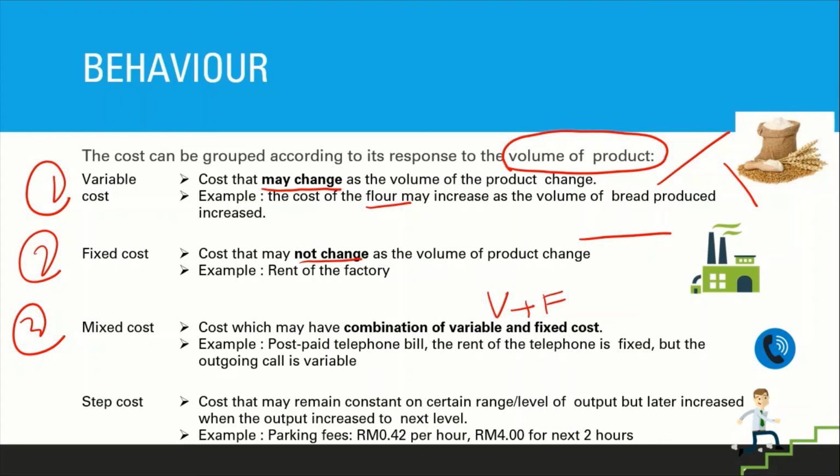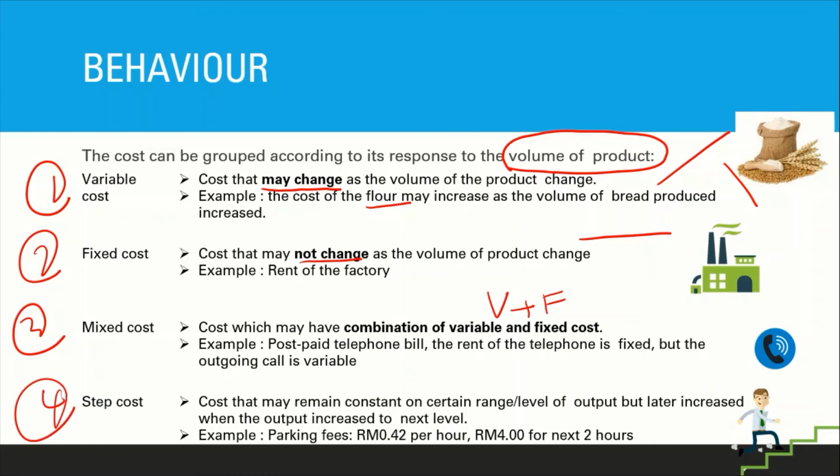Okay, so for this example, you can look at the home telephone that we rent. The rental price is constantly the same every month, but the price for our calls is different. That is variable, but the telephone rental is fixed. So the rental of the phone is fixed every month, but the outbound calls that you make are variable.